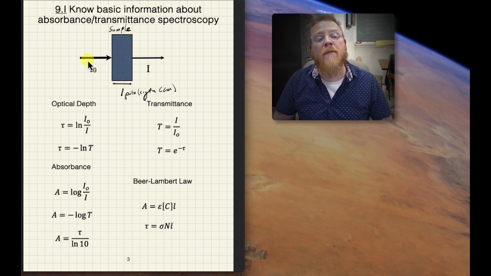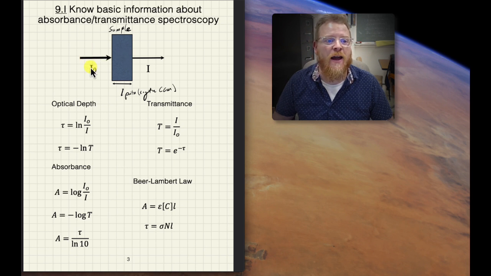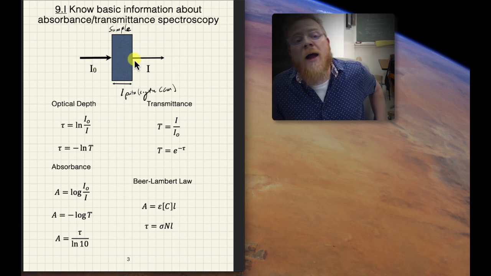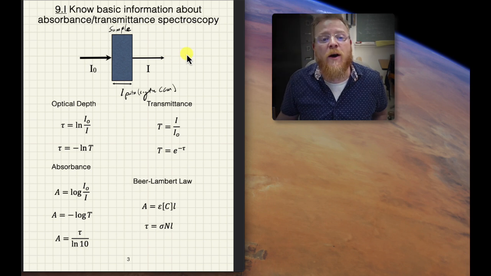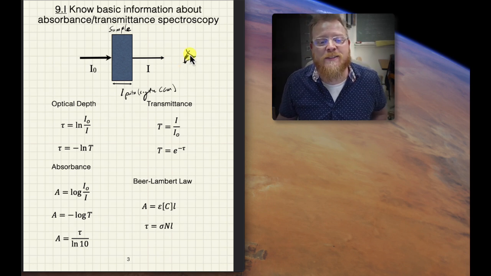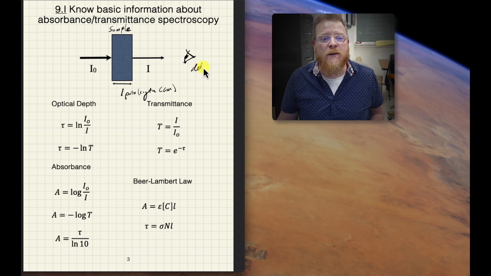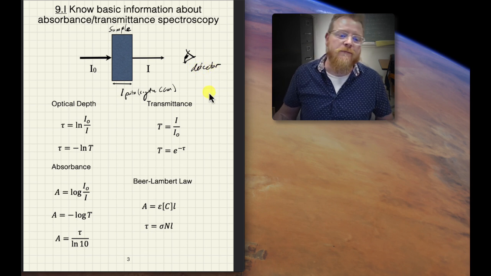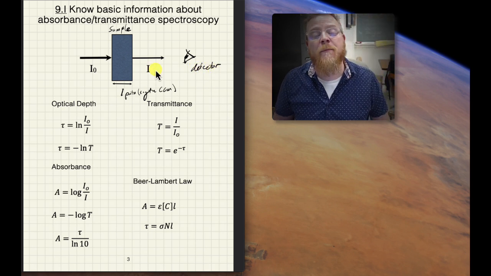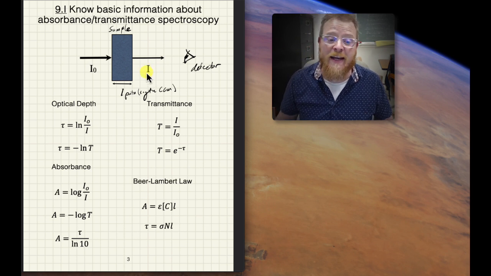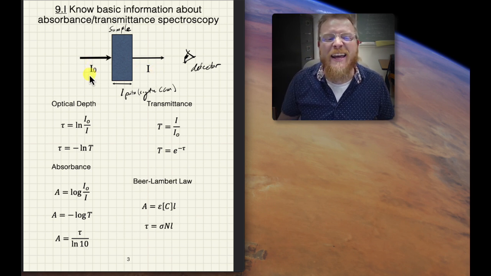And some amount of light is irradiated on that sample, so we call this the irradiated beam, and some of this will get absorbed and exit the sample and move on to some detector, which I often draw with this sideways eyeball detector. And that transmitted beam will be in less intensity than our incident beam.